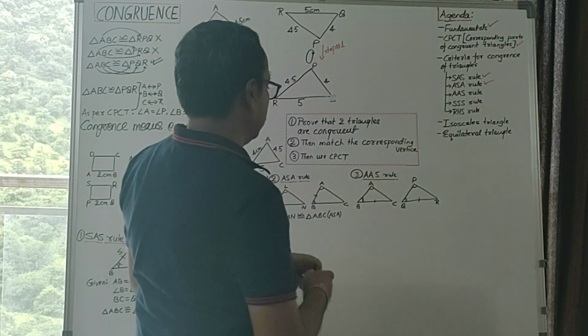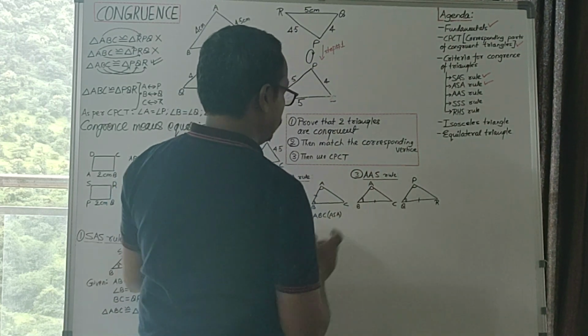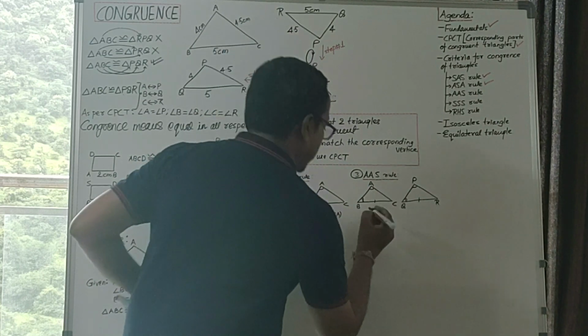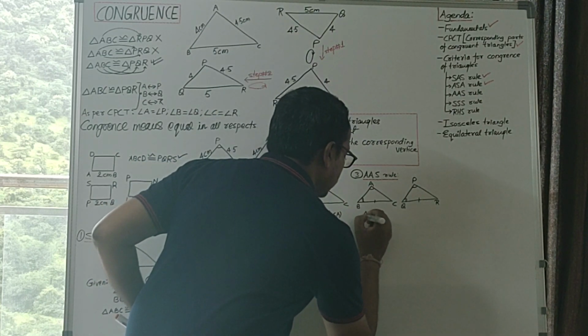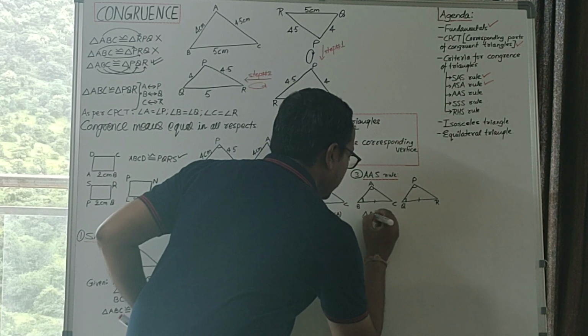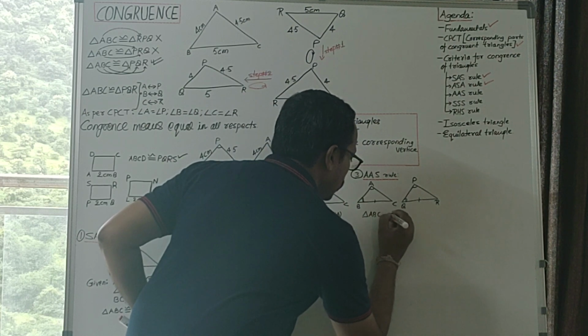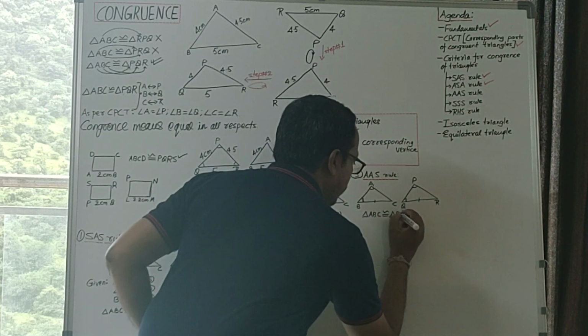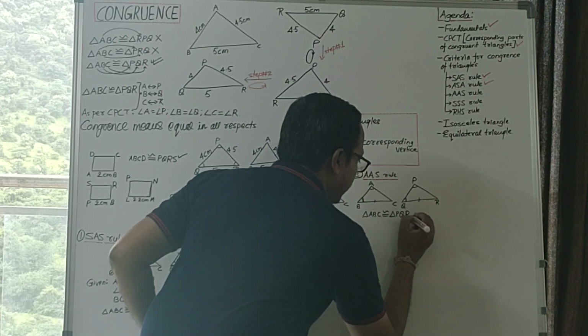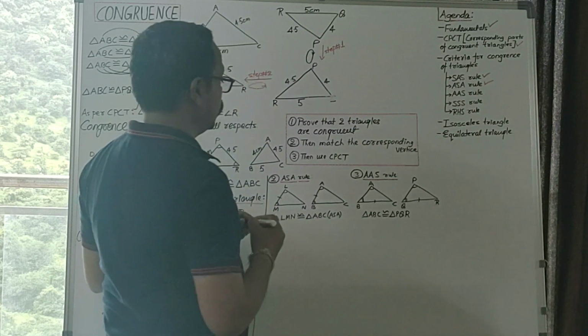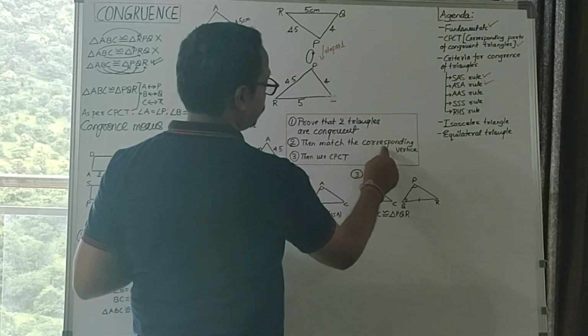So on the basis of this rule, you can say that triangle ABC is congruent to triangle PQR. After that, match the corresponding vertices.